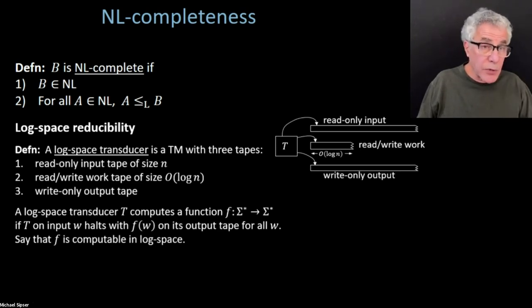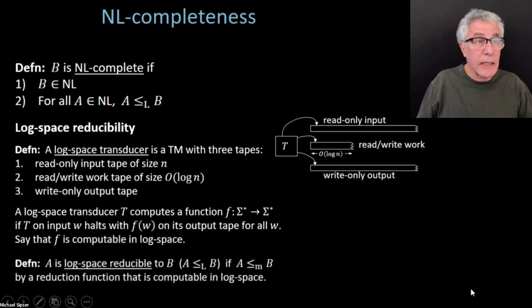That's what it means to be computing the function f. And we'll say that A is log space reducible to B, using the L subscript on the less than or equal to sign, if A is mapping reducible to B by a reduction function that's computable in log space. It's the same way we defined polynomial time reducibility, but there we insisted that the reduction function was computable in polynomial time.